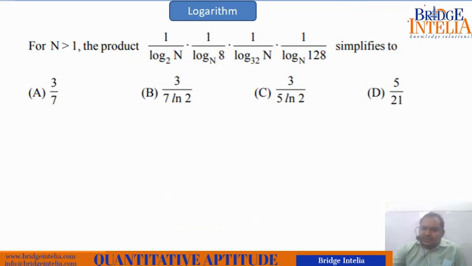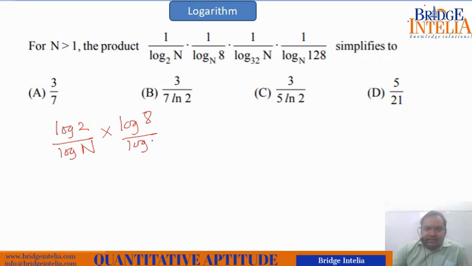So this again, same approach just like before. All these terms can be written as log 2 to the base n, log 8 divided by log n, log 32 divided by log n, and log 128 divided by log n.